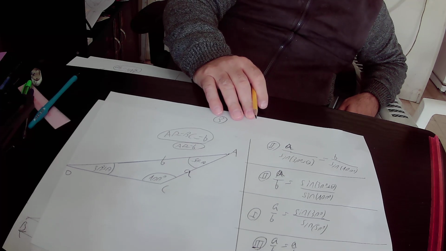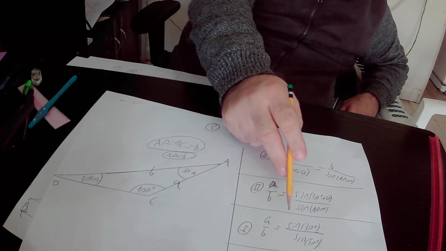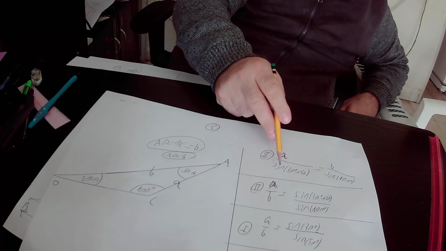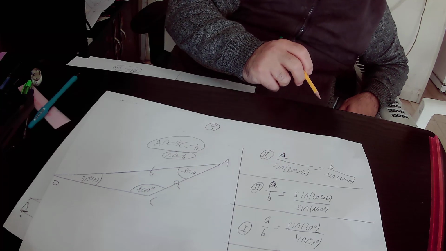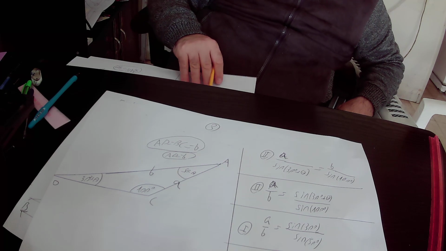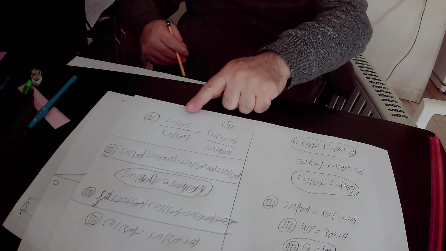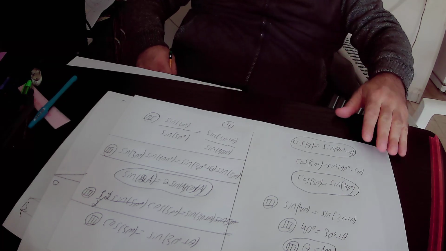Then we created equation number 3 that states that A over B according to equation number 1 must be equal to A over B according to equation number 2. A over B according to equation number 1 is actually sine 30 degrees over sine 50 degrees.